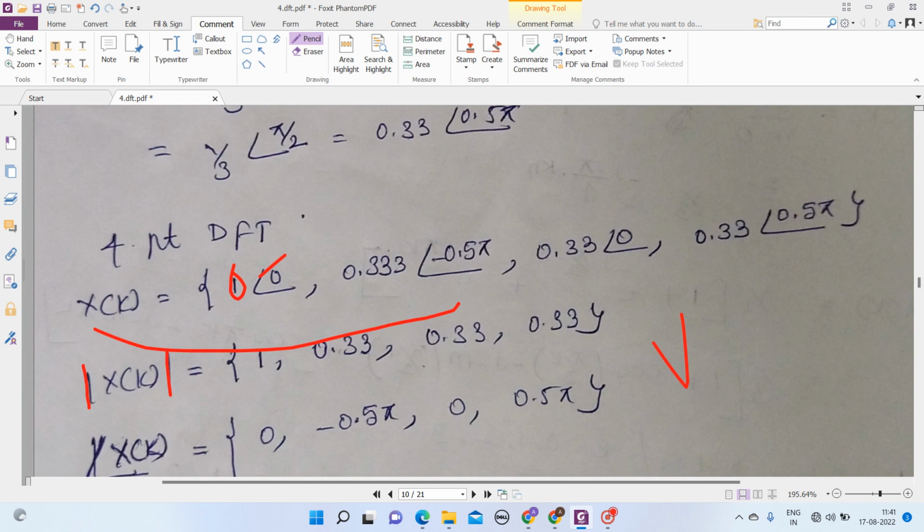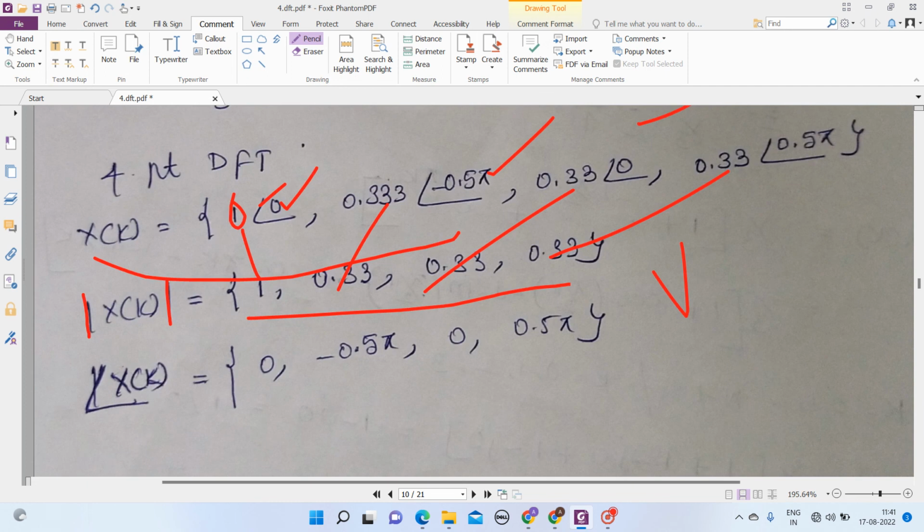So this is your 4-point DFT of x of n. This is the magnitude; I have taken these magnitude values. This one is the phase angle values. I have represented the magnitude values and phase values separately.